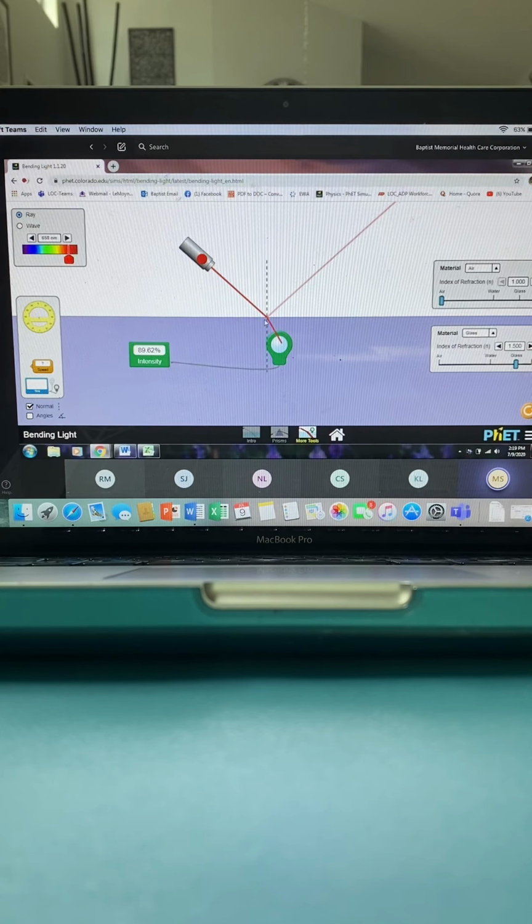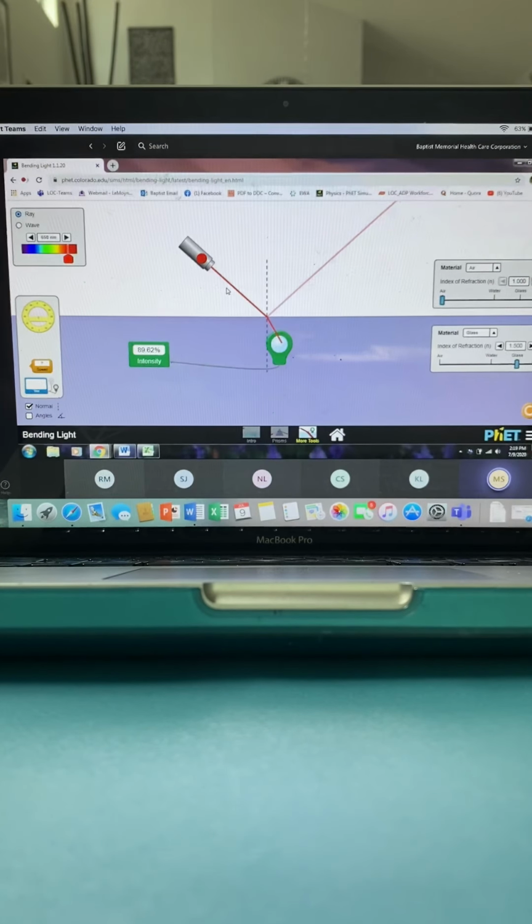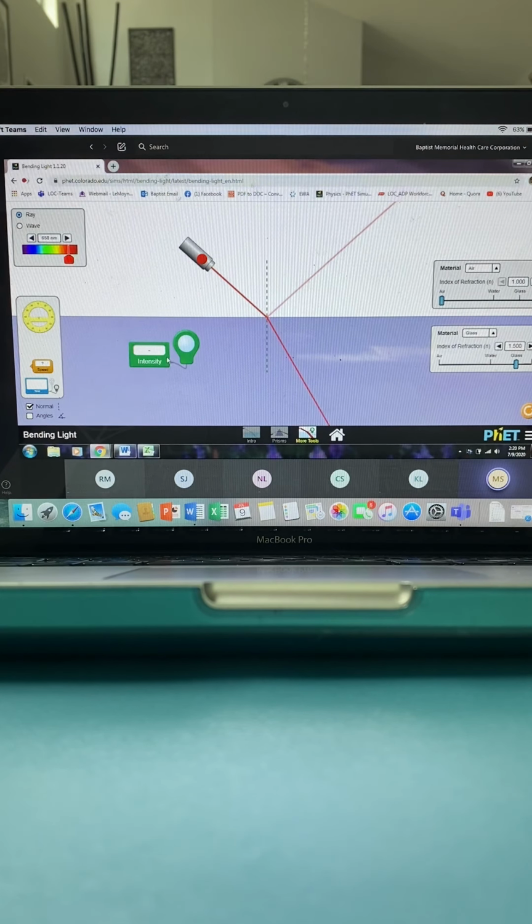So some of the intensity is lost by reflection, and most of the intensity we get by refraction. Altogether 100%: here is 100%, here is 10% lost, and 90% here. So this is the way you can measure that intensity very easily.